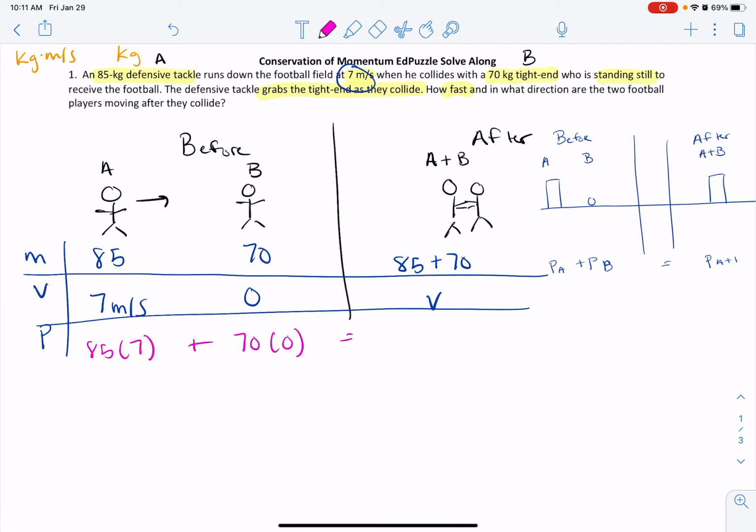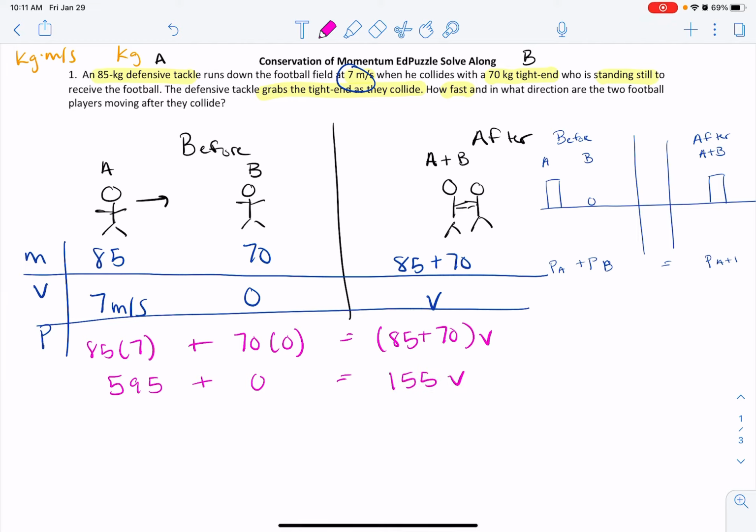It has to be the same before and after, so I put an equal sign, and then 85 plus 70 times V. Our goal is to solve for V, our final velocity. So 85 times 7, I put that in my calculator, I get 595. 70 times 0 is 0. 85 plus 70 is 155.